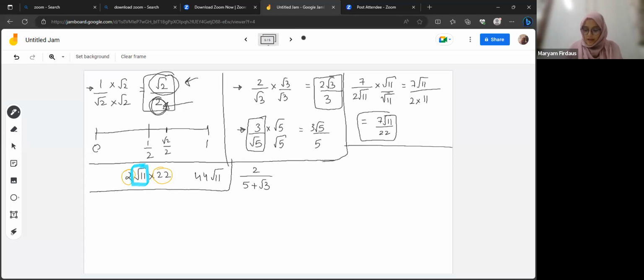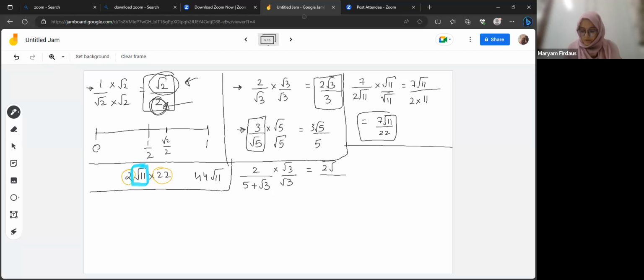Okay, let's see what will happen if we multiply it with root 3. What will the numerator become? Numerator. Two root 3. Very good.